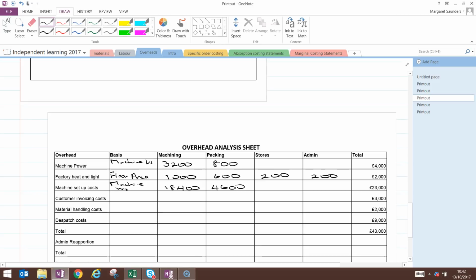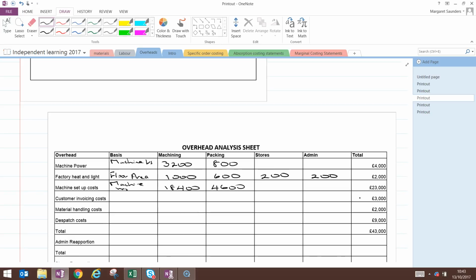Next we come to invoicing costs. So the invoicing costs are £3,000. Now the invoicing costs were incurred by a particular department. So whereas with the other overheads we've apportioned them because they relate to more than one department, with invoicing costs, the department that would be doing the invoicing is the admin department.